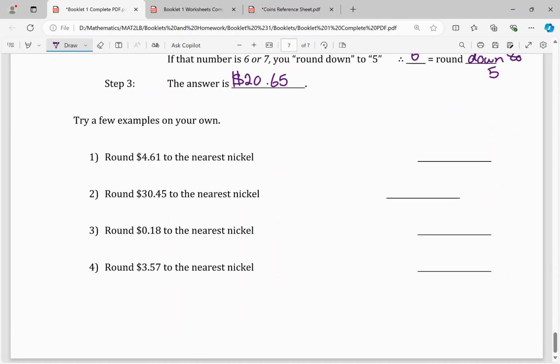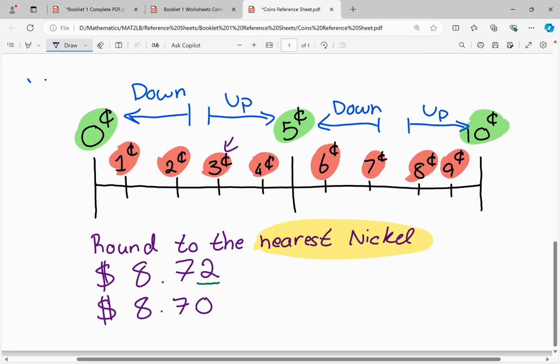The first question is to round $4.61 to the nearest nickel. Keyword, again, to the nearest nickel. That means that we're using this diagram right here.